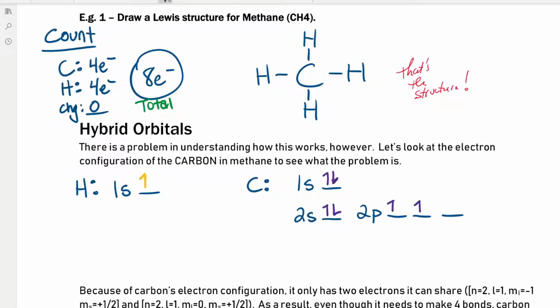Now, here's the issue. We're going to see two reasons why CH4 shouldn't really be possible. Because these have to share electrons to complete orbitals. So the first pairing with the first hydrogen would be easy enough. But keep in mind, we've got 4 hydrogens, right?